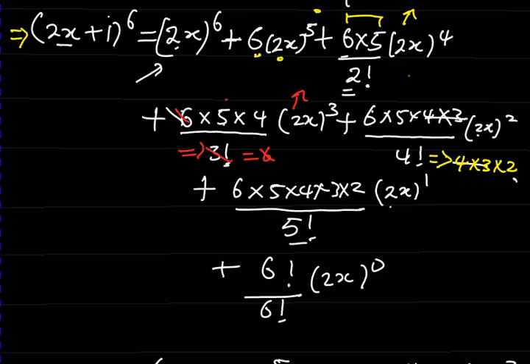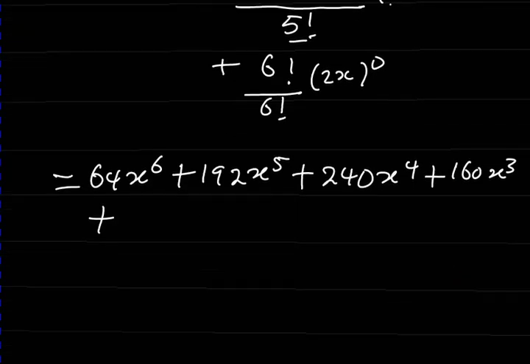That was the reason for this 15 here. Now I'm going to use this 15 to multiply 2 squared, which is 4. So 15 times 4 is going to be 60, so this is going to be 60 x raised to the power of 2.